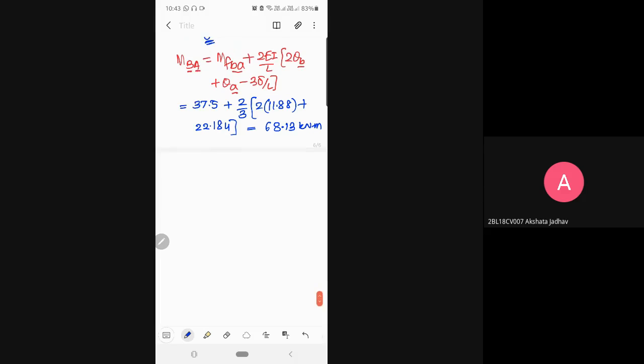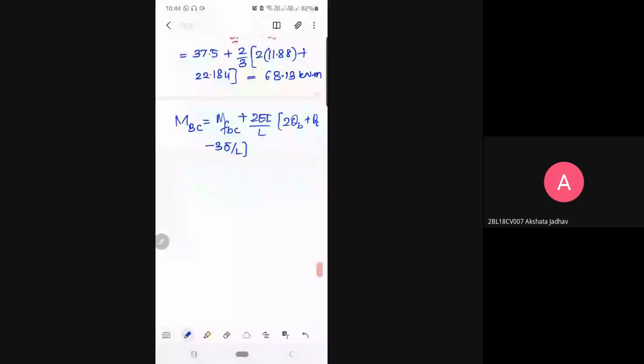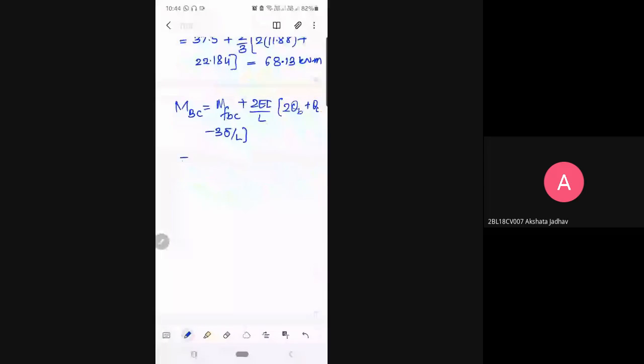Similarly, next span BC. MBC is equal to MFBC plus 2EI over L into bracket 2 times theta B plus theta C minus 3 delta over L. If you substitute, MFBC is anticlockwise minus 80, plus 2 by L, L is 4.